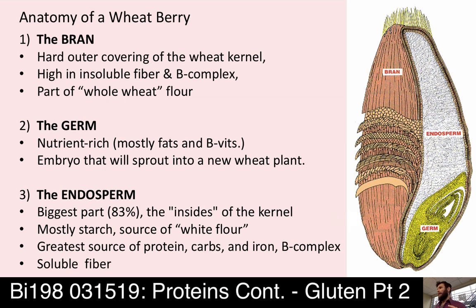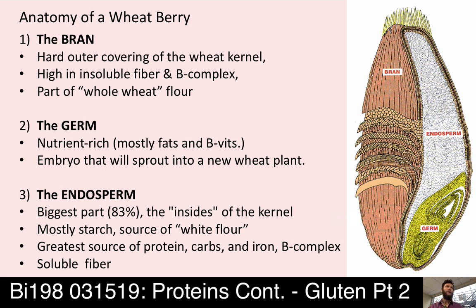It's the germ that has sprouted into the actual grass that we are grinding up and drinking the juice of. So the bran is the covering that keeps all this packaged. The germ is the embryo. And then the endosperm is essentially the rocket fuel for the germ, so to speak.